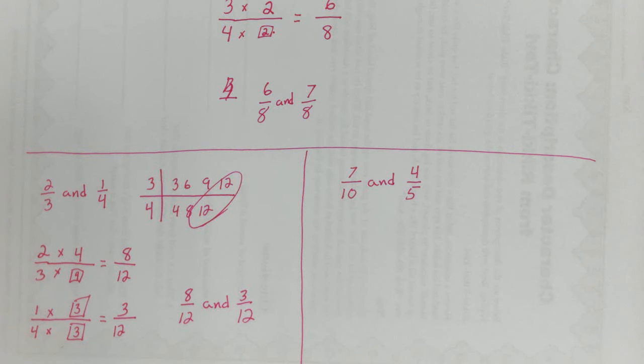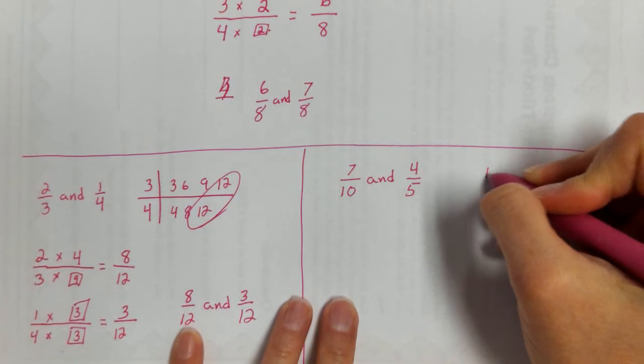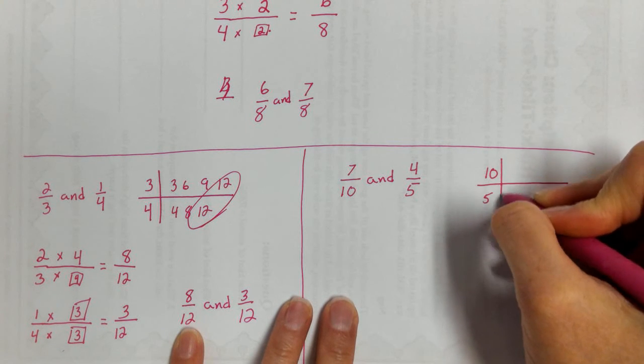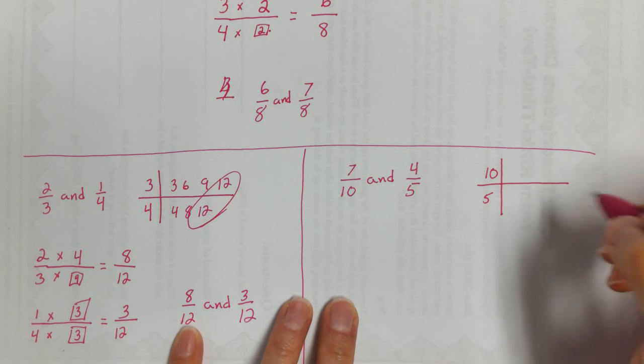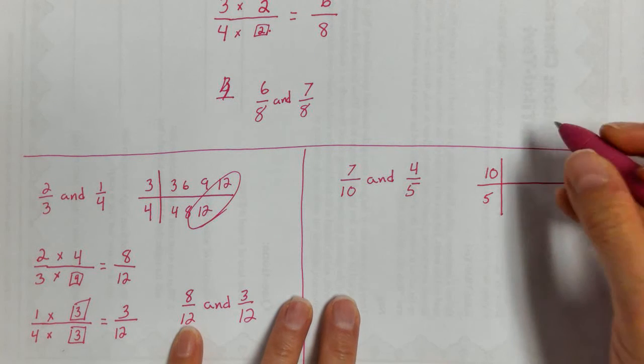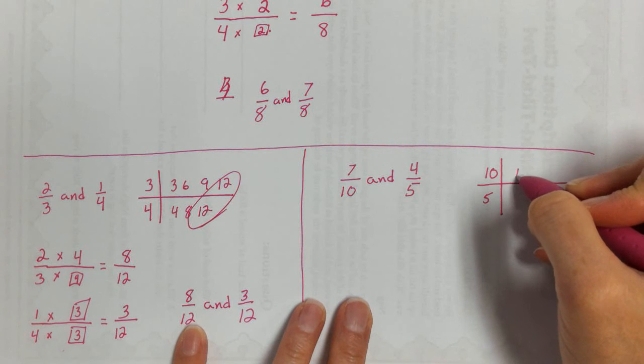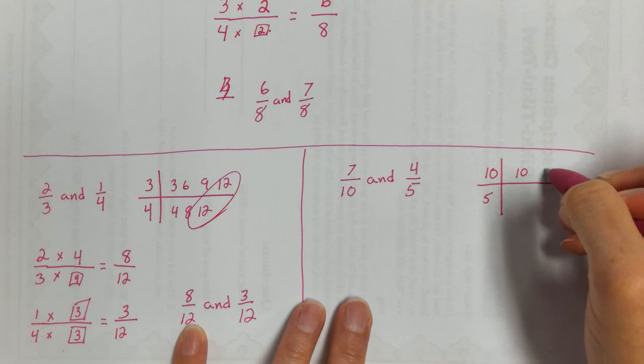Okay, so walking around, everybody I saw had step 1, where I'm finding the multiples of my denominators. So with 10, I have 10, 20.